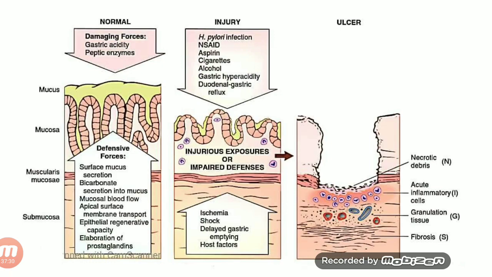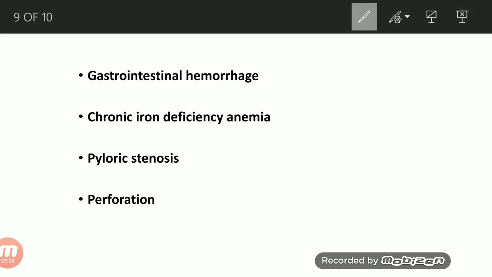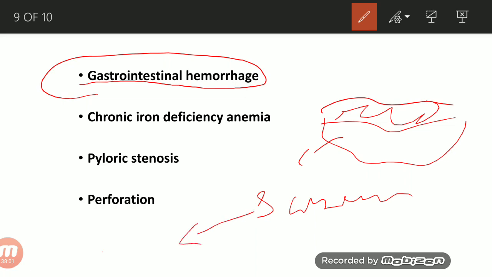Okay. So lastly, you have the complications associated with peptic ulcer. The first complication is gastrointestinal hemorrhage. You are eroding your mucosal layer, and whenever the erosion reaches your submucosal layer, there is going to be bleeding.